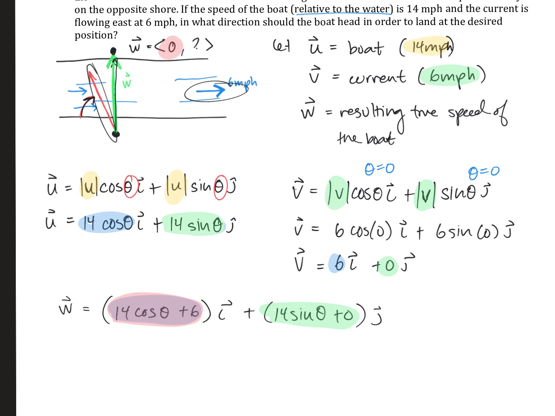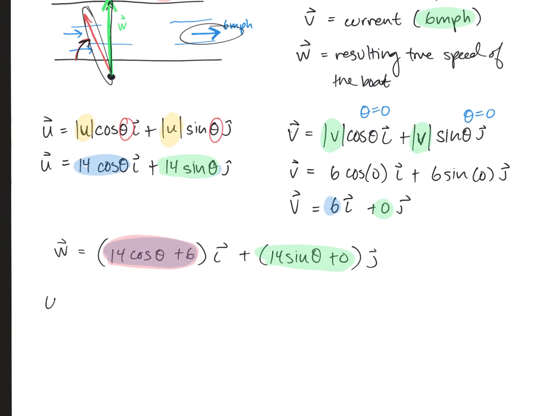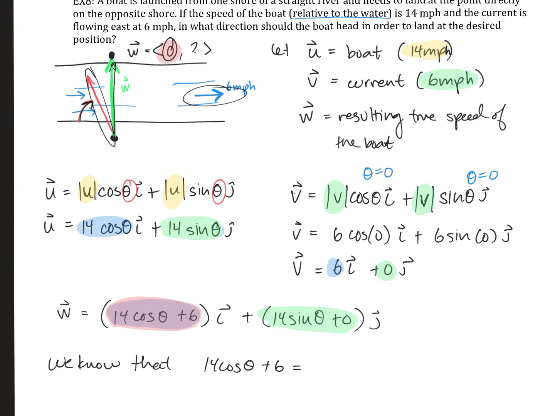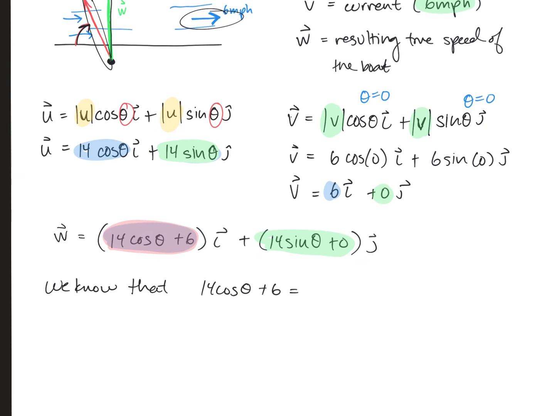So let me go ahead and write this down. We know that 14 cosine of theta plus 6 is supposed to end up equaling 0, because it's headed straight off in the upward direction. So we can solve this to find theta. Because remember, we're trying to figure out the direction. That is our goal.